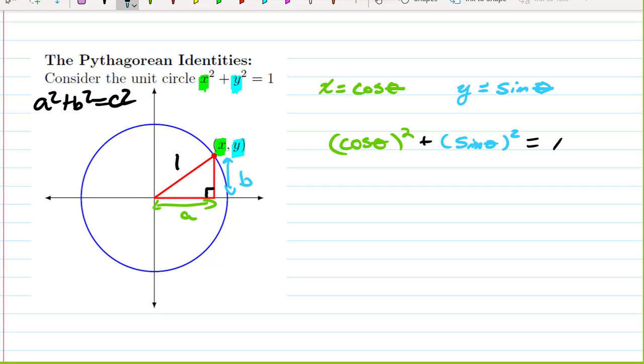So that's the reason that we call these the Pythagorean identity.